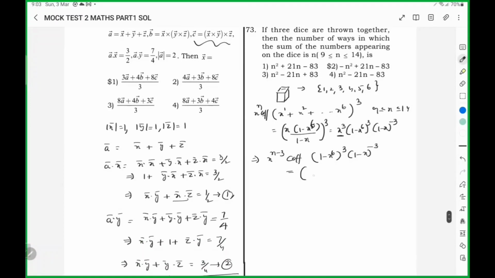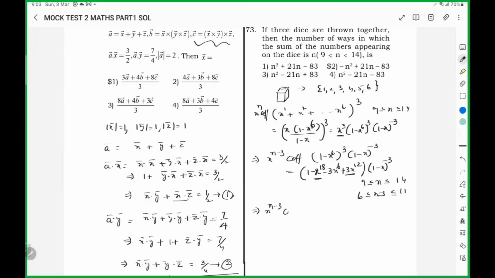So here it is (1 minus x^18), 3x^6 plus 3x^12, (1 minus x) whole power. So what we have to find out is n lies between 9 and 14, so n minus 3 lies between 6 and 11. So these x^12 and x^18 are higher powers, so we will remove them simply.